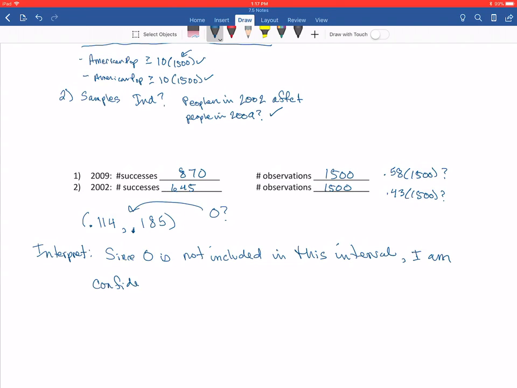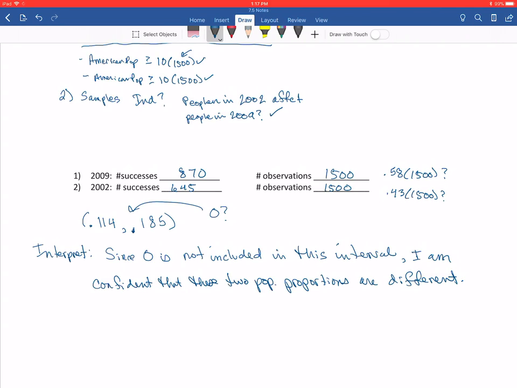So something like, I am confident that these 2 population proportions are different. So I don't think it's the case that the public opinion has actually somehow stayed the same between these years.